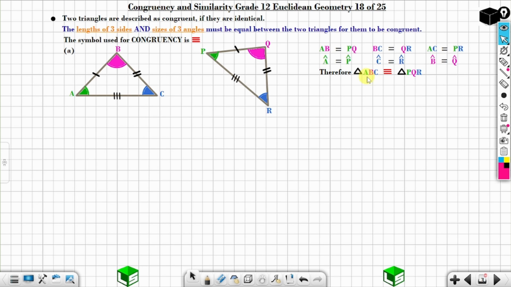You can see the angle at A in the triangle ABC is equal to the angle at P in the triangle PQR.